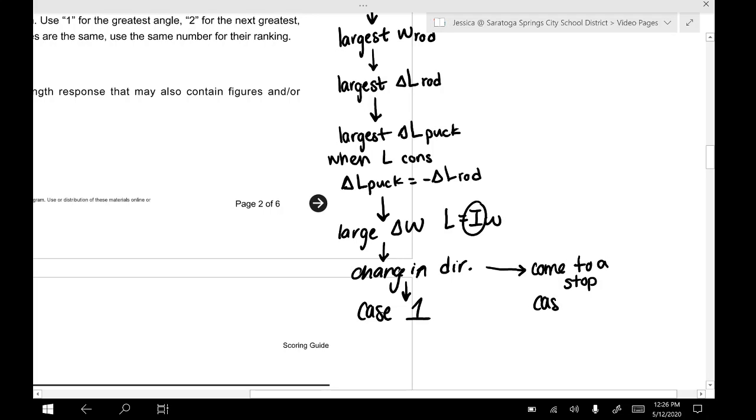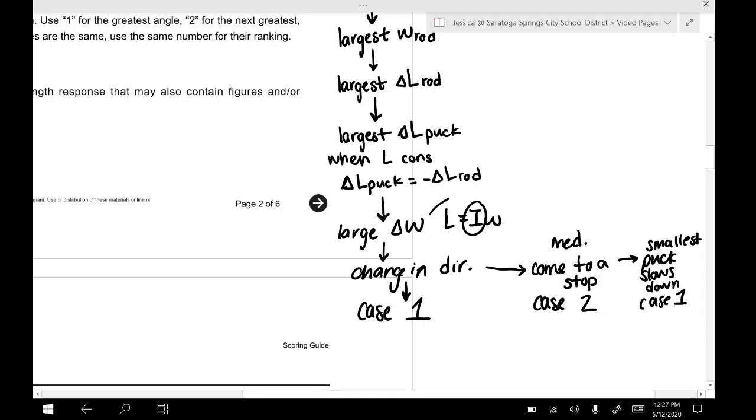And that happens in case 2. And then third and finally, the smallest change in angular velocity comes when the puck simply slows down. And that happens in case 3.